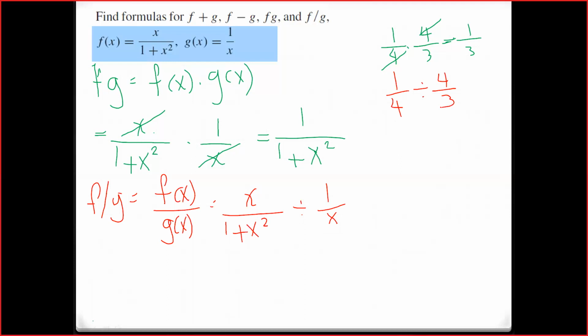You keep the first one as it is. You have to change the divide to multiply, and you have to write the reciprocal of 4 over 3, which is 3 over 4. Then you will multiply. 3 times 1 is 3 over 4 times 4 is what? Is 16.